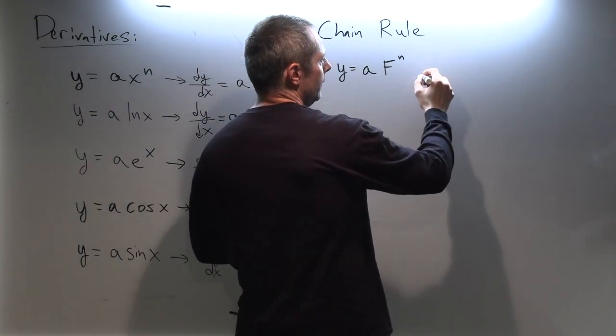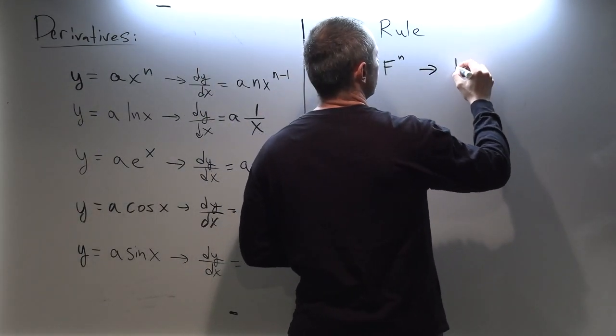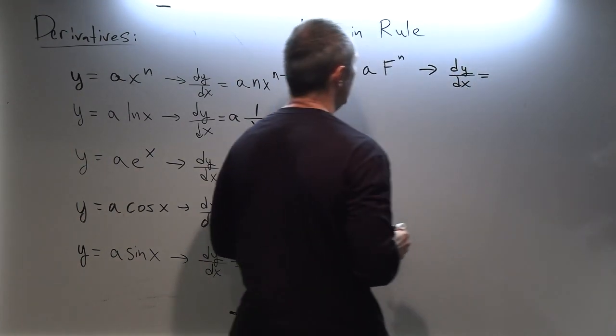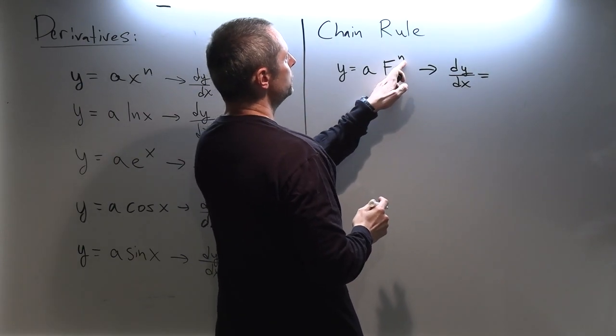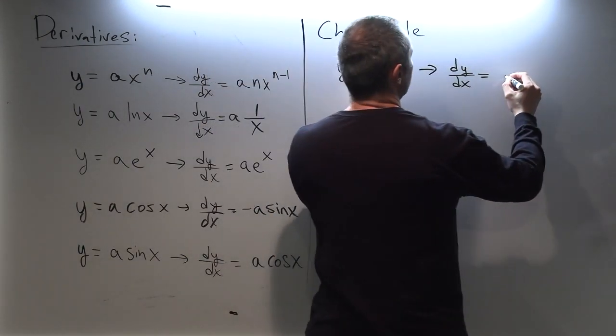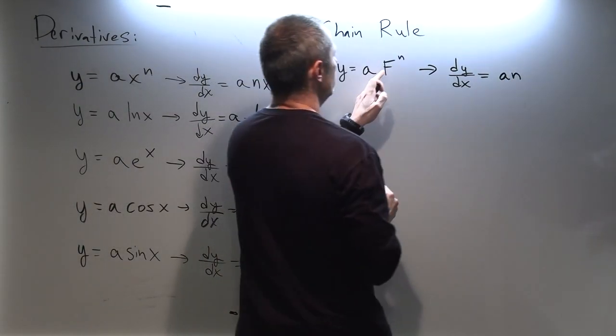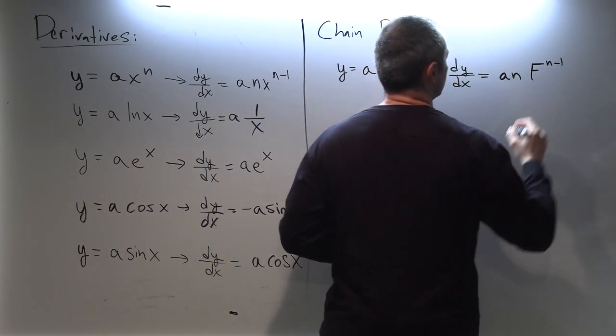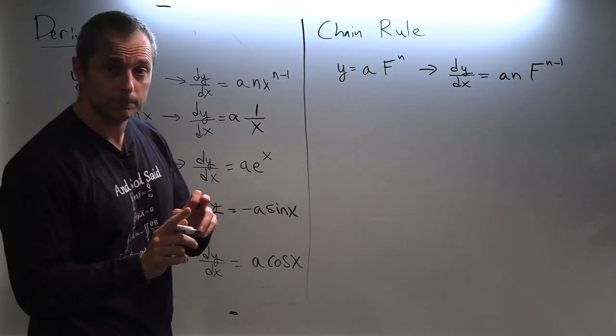The way to take the derivative of this is, like before, you use the power rule, which means you're going to put the n in the front and subtract 1 from the exponent. Okay, but we're not done.